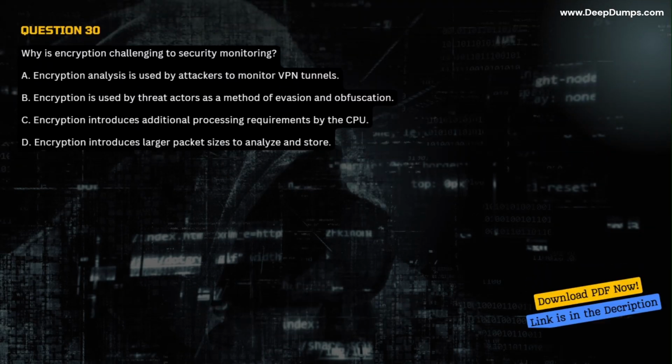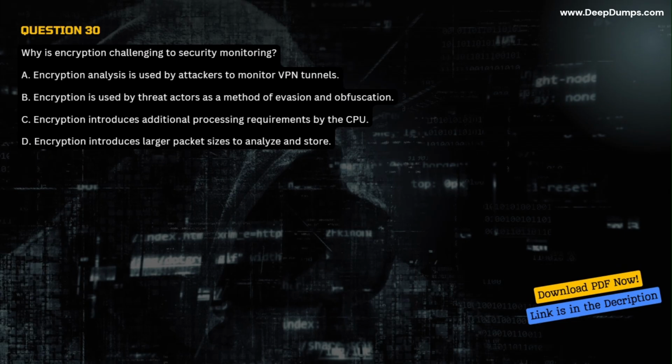Question 30. Why is encryption challenging to security monitoring? A. Encryption analysis is used by attackers to monitor VPN tunnels. B. Encryption is used by threat actors as a method of evasion and obfuscation. C. Encryption introduces additional processing requirements by the CPU.